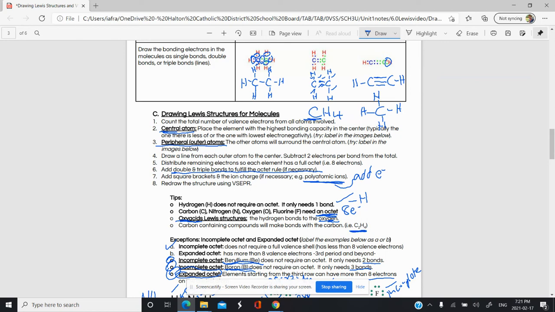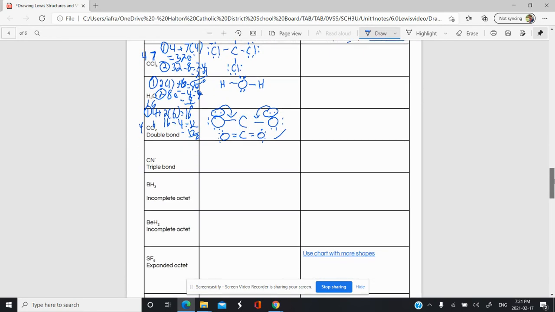If it's -1, you'll add 1. If it's -2, you'll add 2. -3, you'll add 3. Okay, so make sure you add that to your valence electrons in your count. So here we have 4 for carbon, 5 for nitrogen, 1 from the negative charge. And so we're going to have 4 plus 5 plus 1, and we get 10 electrons to place.